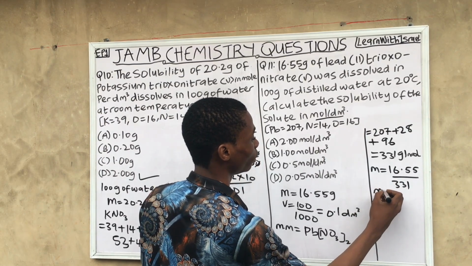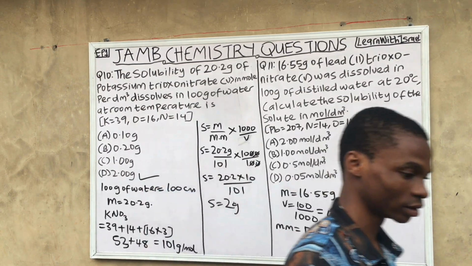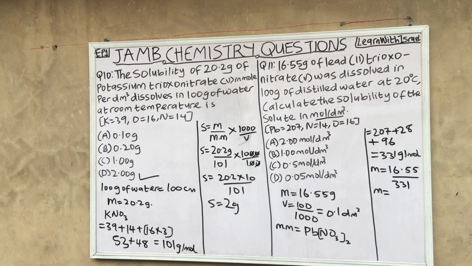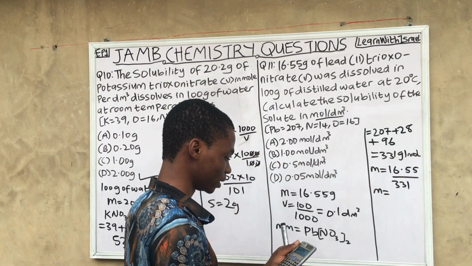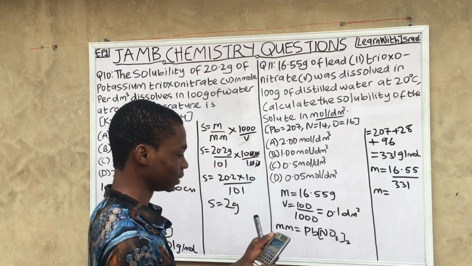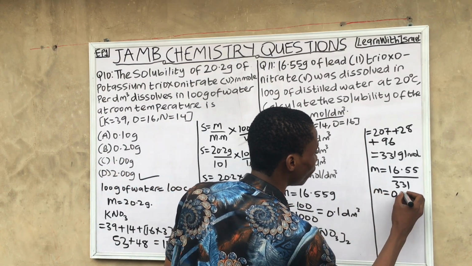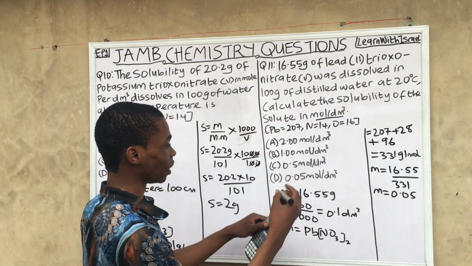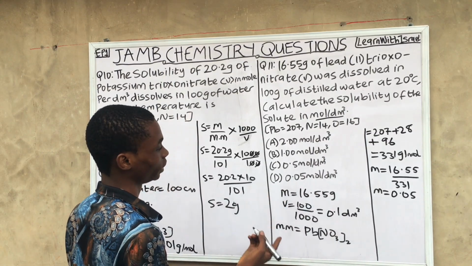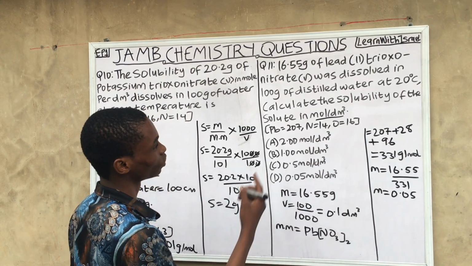Let's calculate it. It will give us 0.05. So our number of mole is 0.05, but we can't pick option D. The reason is because we have not gotten our solubility.